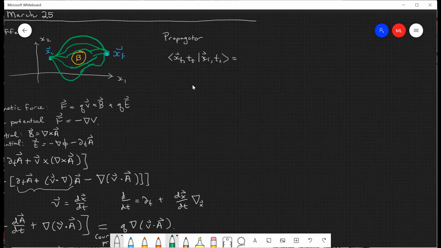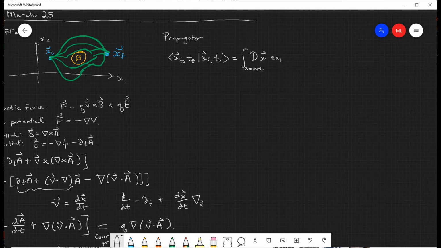Assuming the cylinder is infinitely impenetrable, with infinitely tall potential walls at the boundary of the cylinder, no paths going through the cylinder can contribute, because the potential will just kill that contribution. So this we can break up into paths above, which we now integrate over.